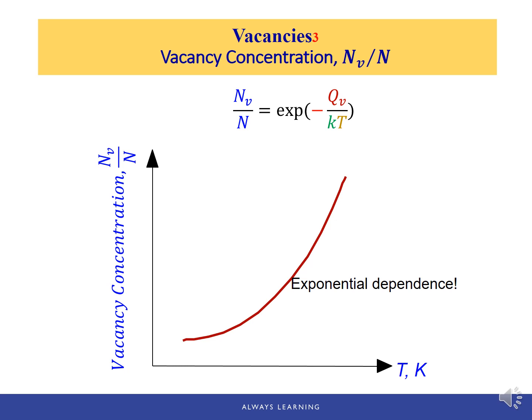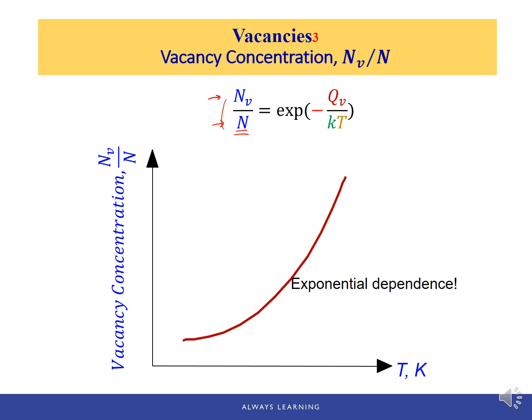Precisely, vacancy concentration is the ratio of the number of vacancies per volume over the number of atoms per volume, because each atom site can be a potential vacancy site. So this ratio is called the vacancy concentration.